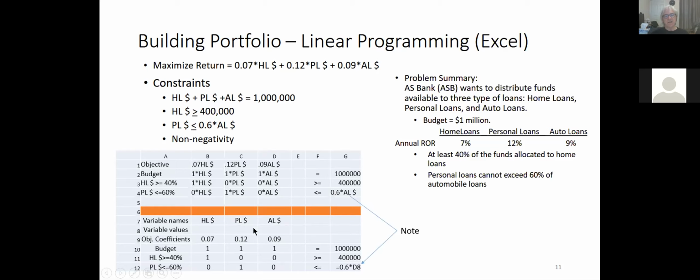Here, Solver, your program, will enter the values that are optimal for the amount of home loans, optimal for personal loan, optimal for auto loans. This is what you will get as an outcome of the computer run. Underneath, you enter the objective function. Usually I write here, in this case, I will write maximum return. And you enter the coefficient, 0.7 here, 0.7, 12, 0.9 here.